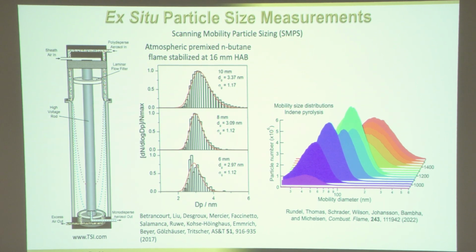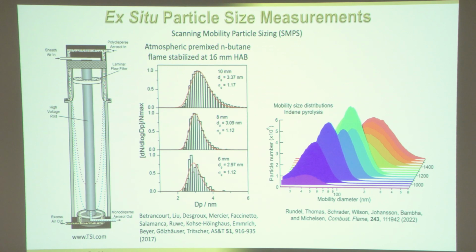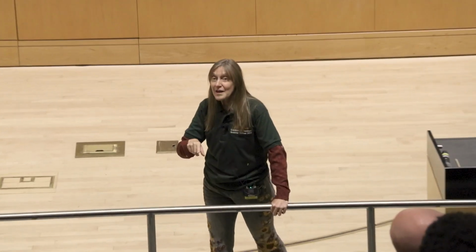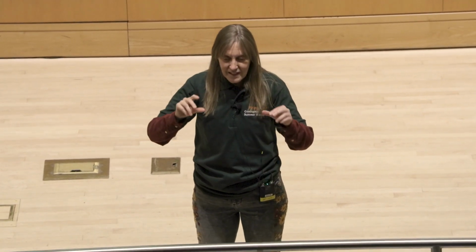when you take particles from a flame, the soot particles are actually charged. Some of them are charged, some of them are neutral, some of them are positively charged, some are negatively charged, and some are neutral. Okay, so when you take these particles out of the flame and then you send them through something called a neutralizer. And what the neutralizer does is it gives you a known or an assumed charge distribution.